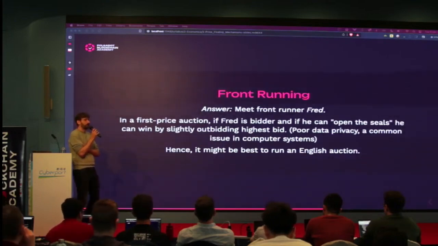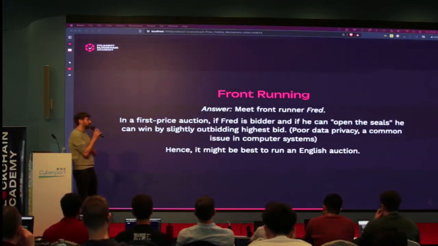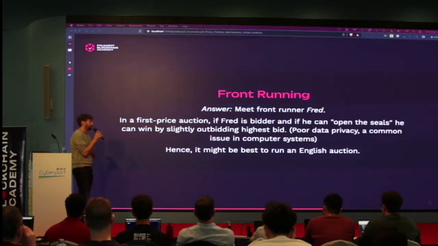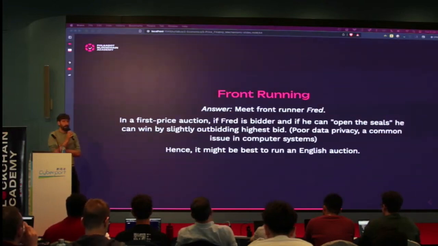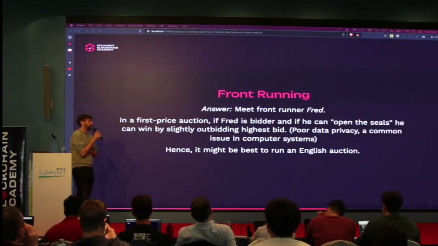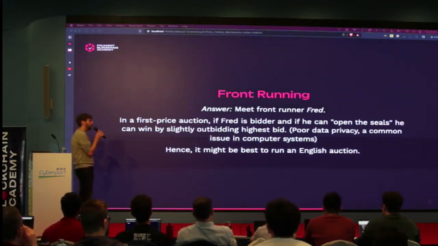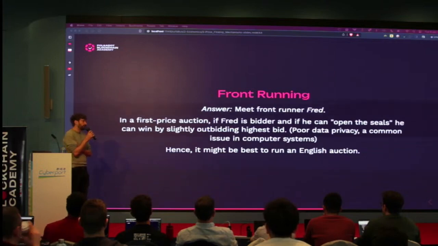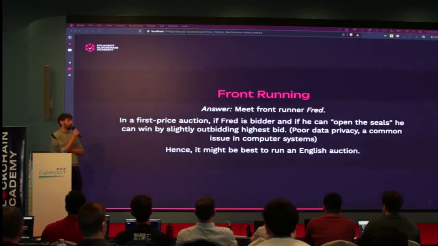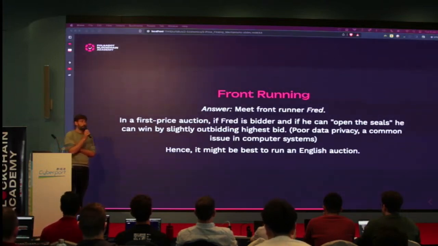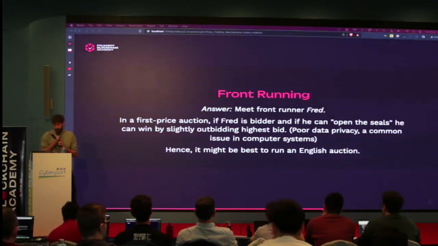But still he has to bid the highest price, right? So this is kind of costly. If you have poor data privacy, that is definitely an attack vector, so you need ways to circumvent this. But it's still probably best to run the English auction here.